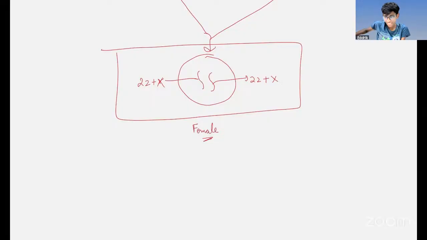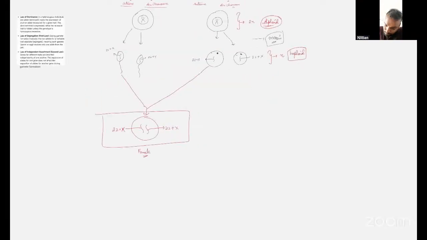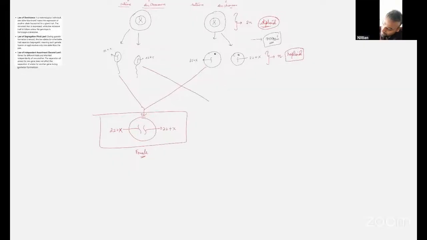Now, for example, this chromosome and this chromosome mate, so it also becomes a zygote. In this zygote there are two strands: one will have 22 plus Y and another will have 22 plus X. So will this become male or female?